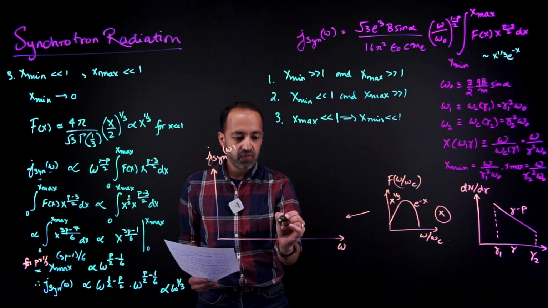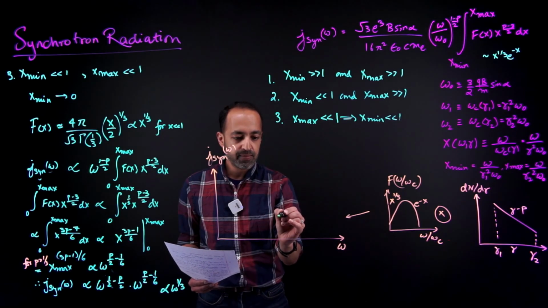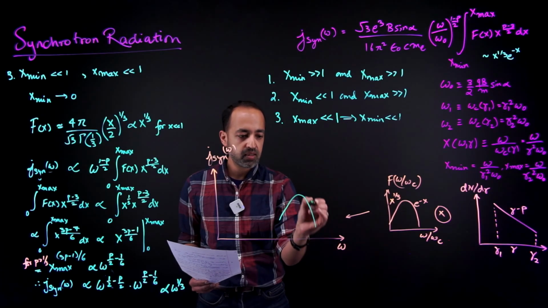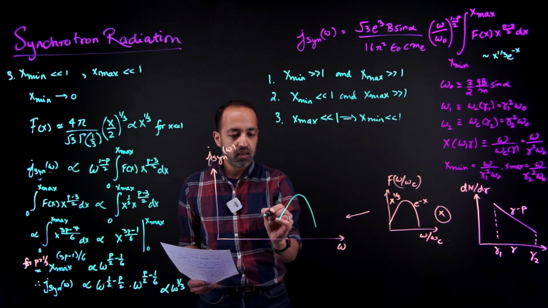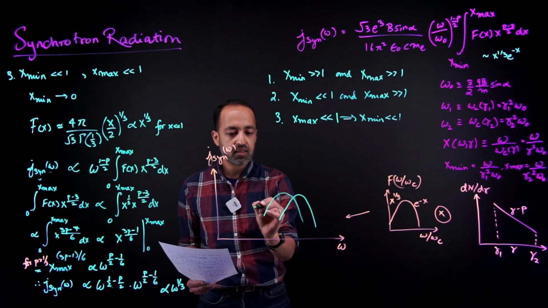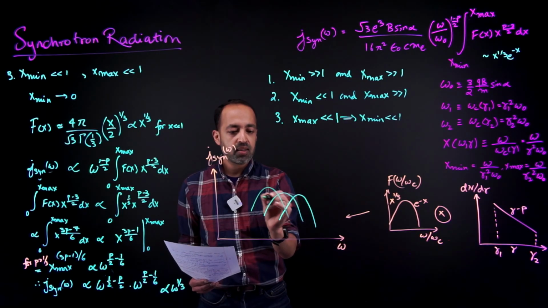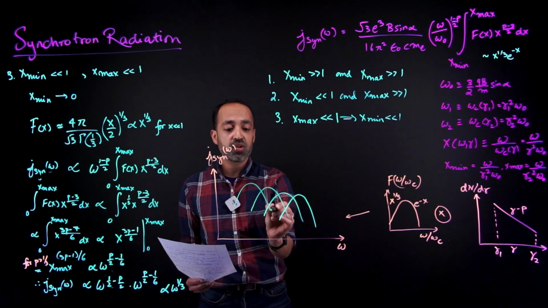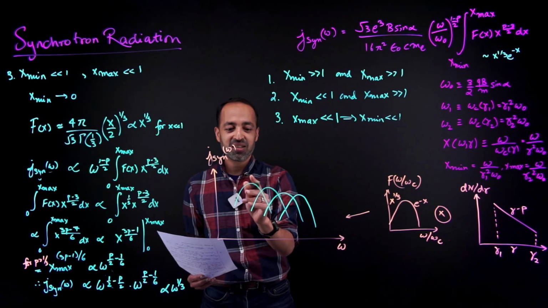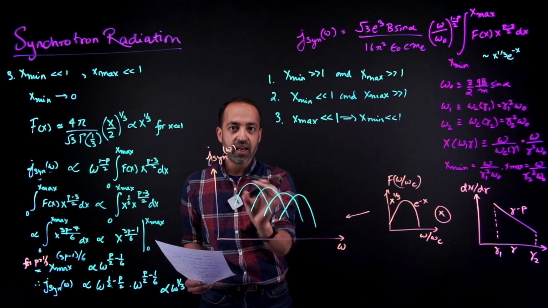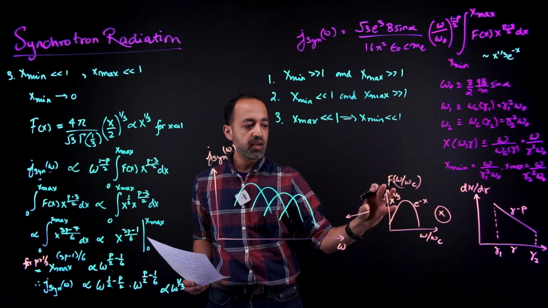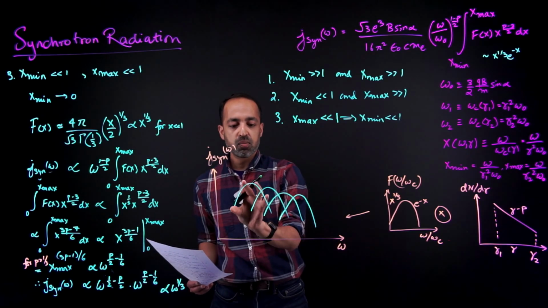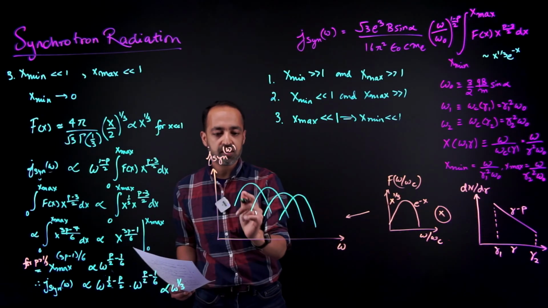So we have an omega to the 1/3 e to the minus x, and then another omega to the 1/3 e to the minus x. But as you go to lower and lower omega, there is more and more flux, because there are more electrons that contribute that bump. There are more electrons at lower Lorentz factors.